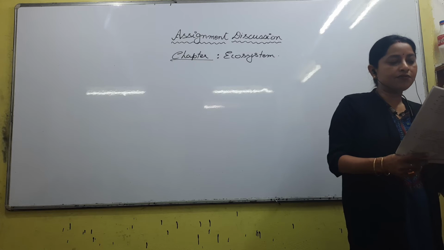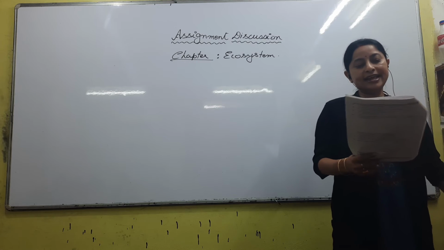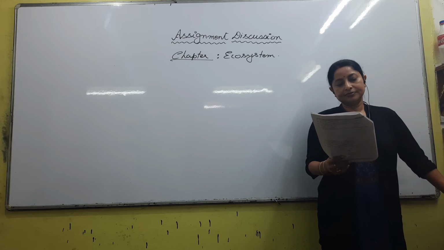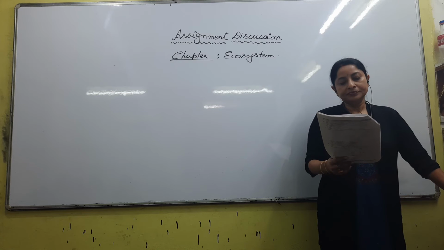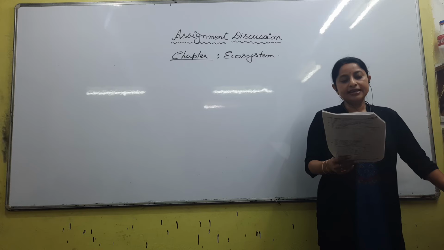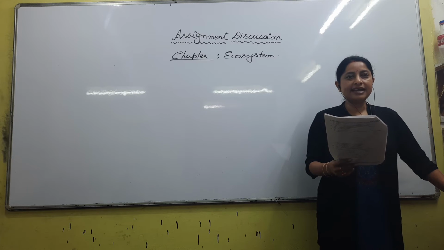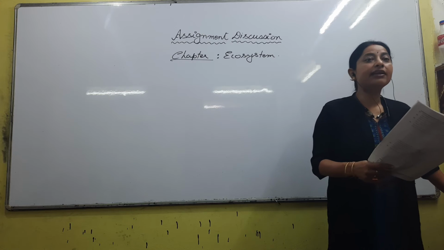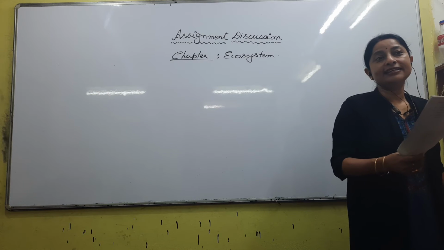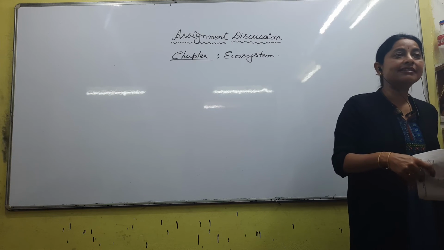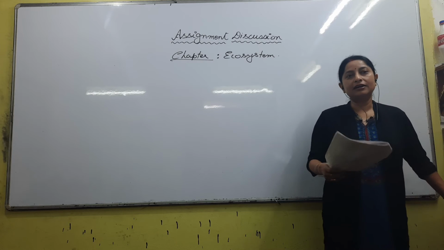114 ecosystem of a pond is lentic. Lentic or lotic, do you know? Lentic, lotic, what is it? Stagnant water or running water. If it is running, it is lotic. If it's stagnant, it is lentic. How will you remember?